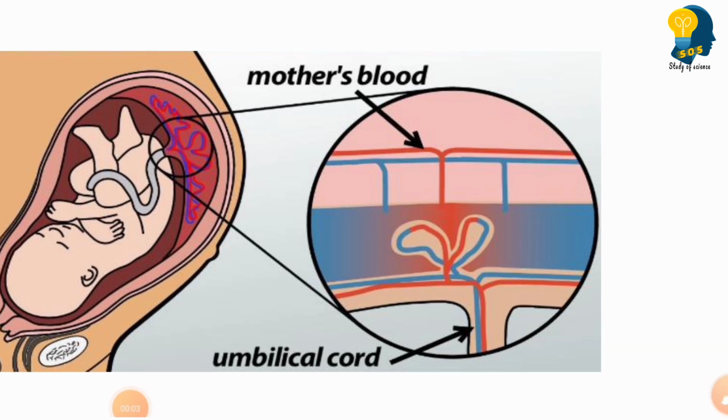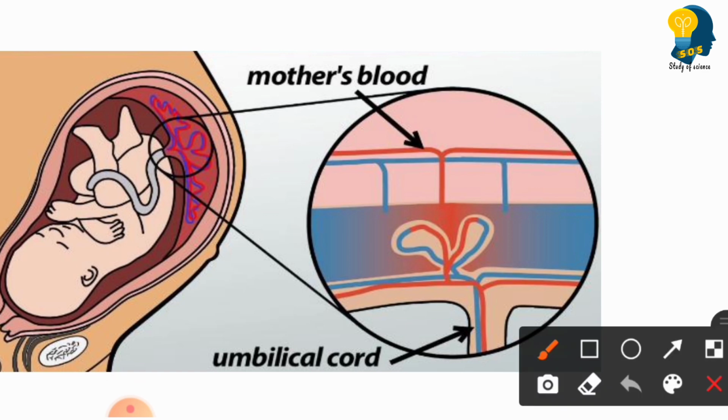The placenta is a disc-like structure which is embedded inside the uterine wall. The uterine wall is the wall of the uterus. So inside the uterine wall, the placenta is embedded. It is enclosed.